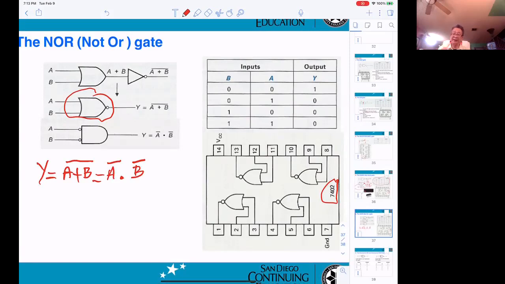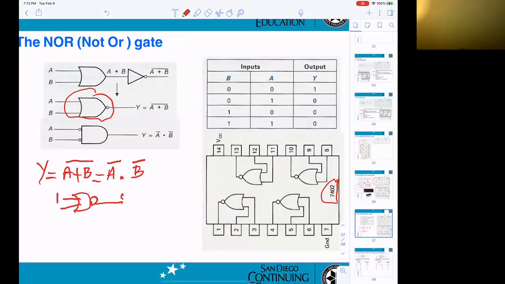So this will be telling you one thing. When you see this here, if an input equals 1, I know for sure the output must be 0.